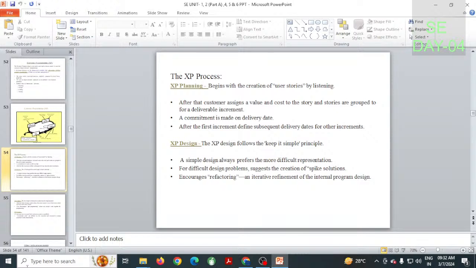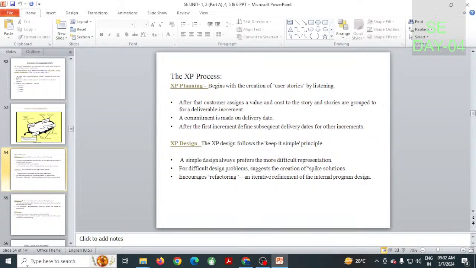After that listening, the customer assigns a value and cost to each story. These stories can be grouped for a deliverable increment.